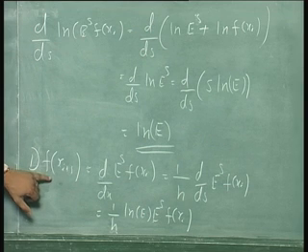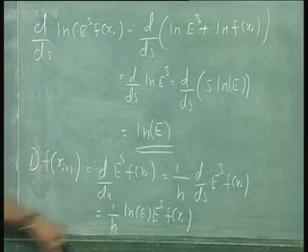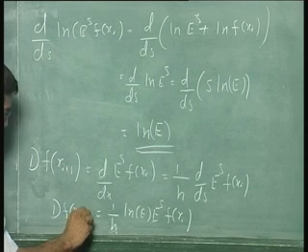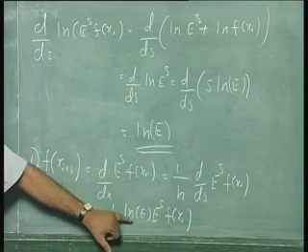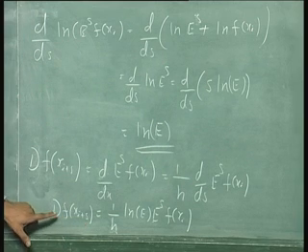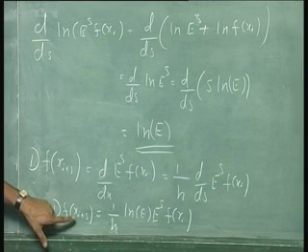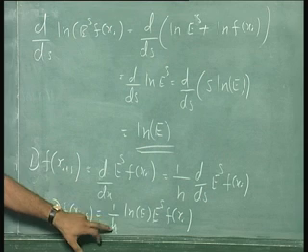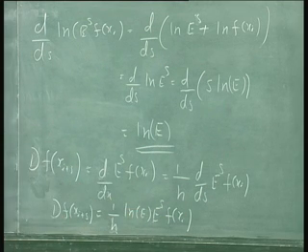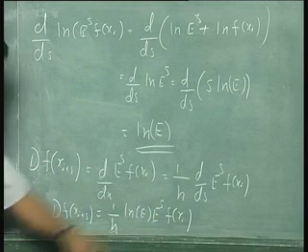So D of f of x_i plus s is 1 over h log e to the power of s f of x_i. So for s equal to 0, the derivative of the function at x_i is equal to 1 over h log e into f of x_i.